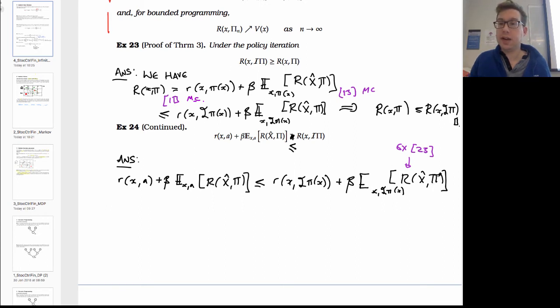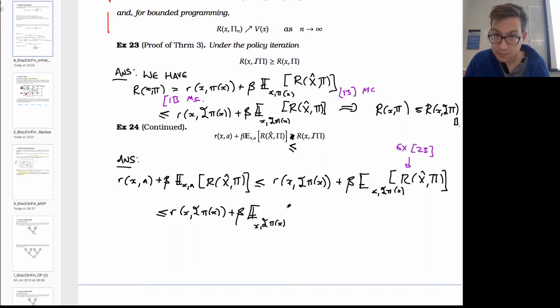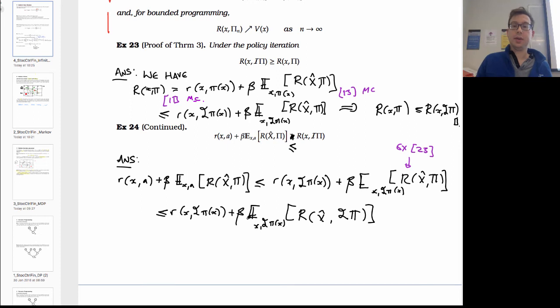So I know that if, rather than doing the first step according to the new policy iteration step and then following pi, I did this and then I followed I of pi, it's going to be better.